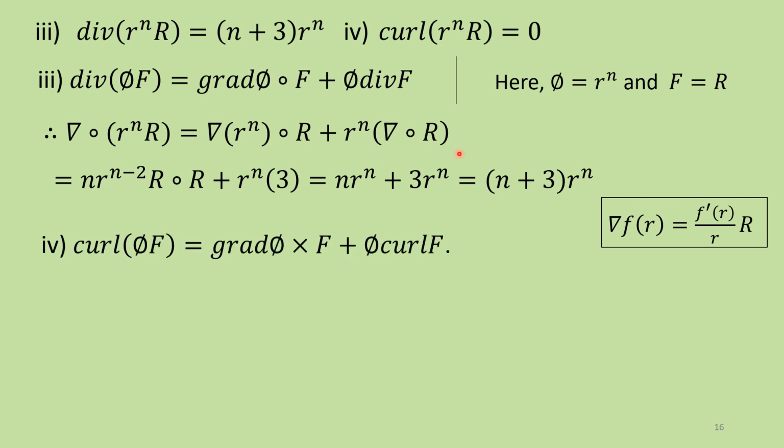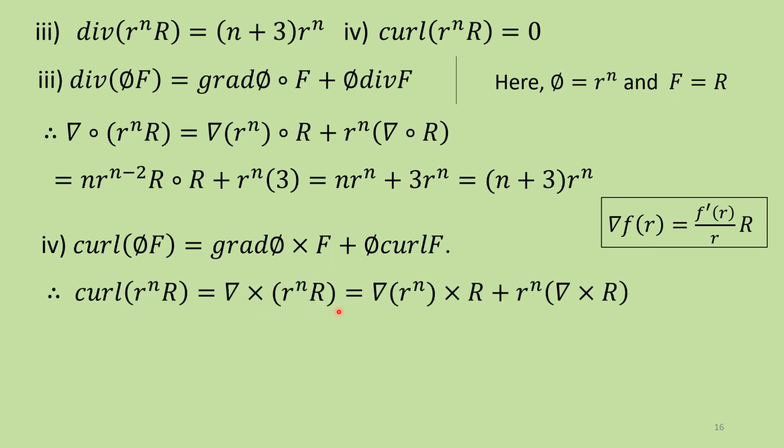The fourth one: I need again the curl of a scalar multiple of vector r. So I can use the identity on curl, that is curl of phi f equals grad phi cross f plus phi times curl f, where phi is r power n and f is vector r. So del cross r power n into vector r means del of r power n cross r plus r power n into del cross r. Now, student, the curl of r is 0.